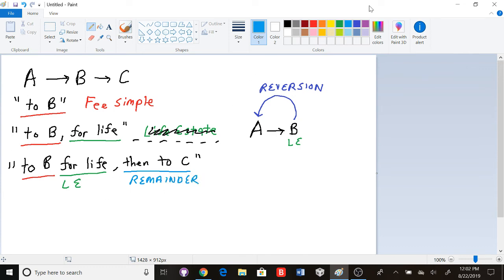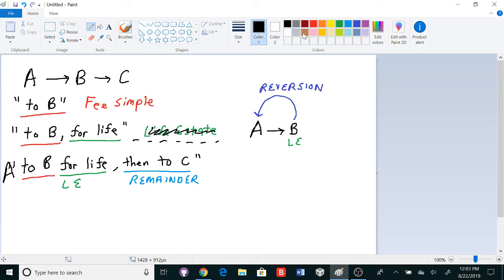And why does C have a remainder? Well, a remainder always follows a life estate, which kind of actually makes sense. So whatever is left after B's life goes to C. Whatever remains after B's life goes to C. Keep in mind that A, we'll put them in here, we'll just write it right here.